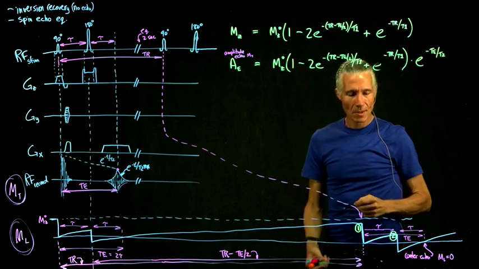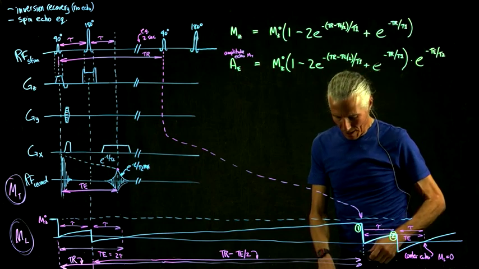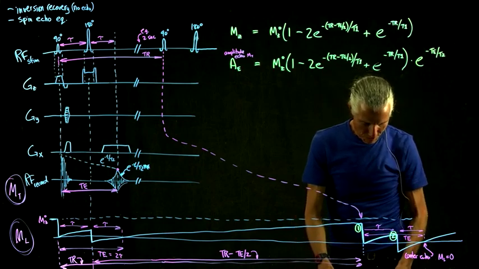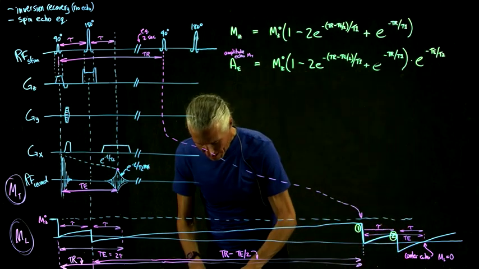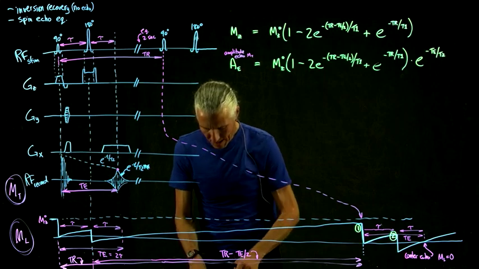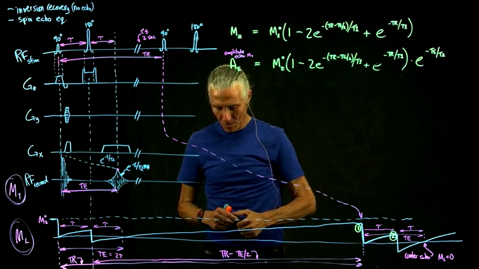So, did I do that right? No, it's going to be a typo. Where's my... Shouldn't that be TE over 2 over T2?